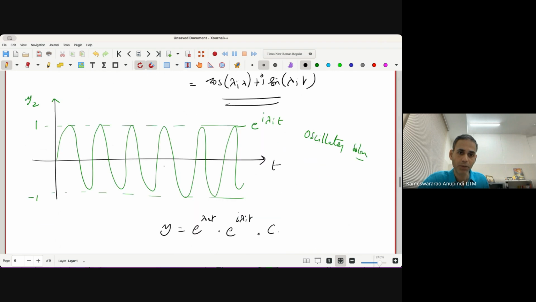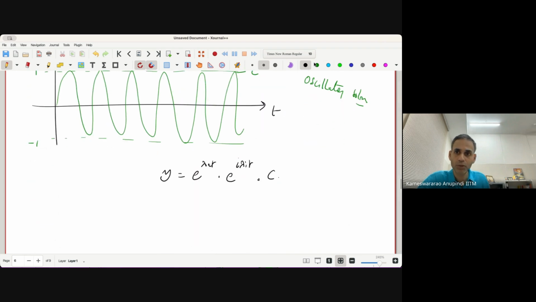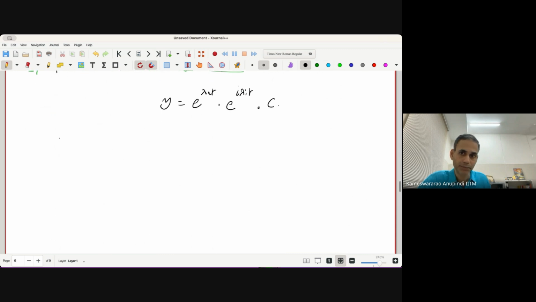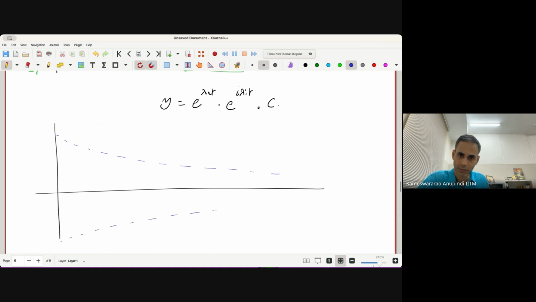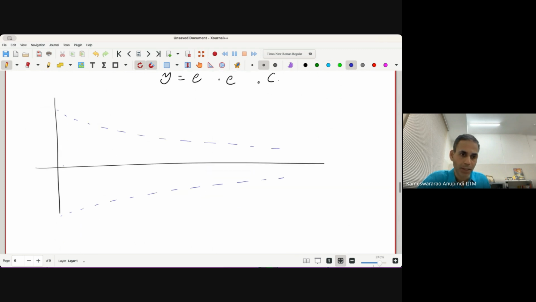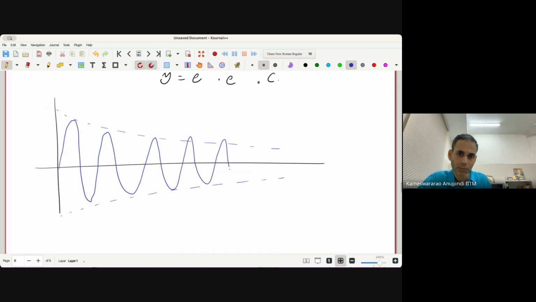So the amplitude is decaying, whereas the oscillatory solution is also there. Your solution is going to decay like this, so its amplitude is being constrained by the first term.